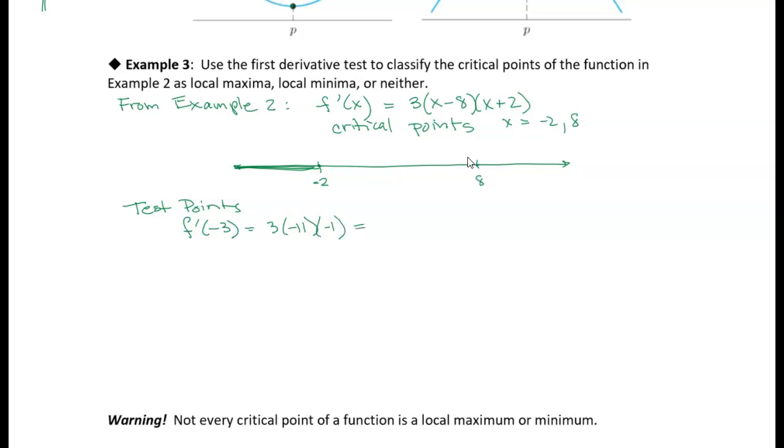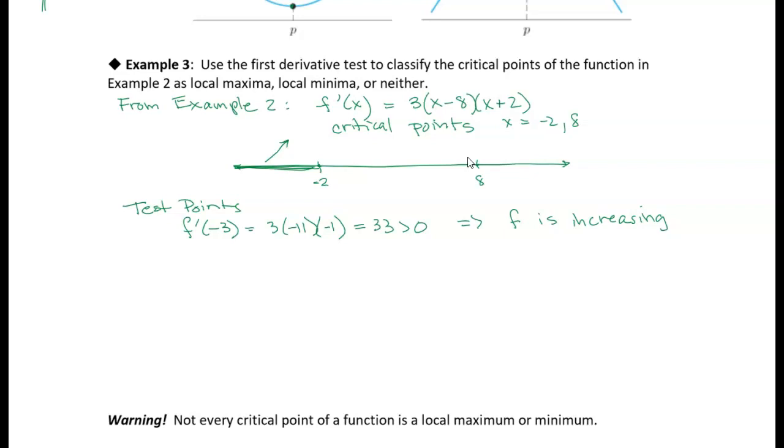So I get a positive 33. Okay, that's greater than 0. So what that's telling me is that to the left of negative 2, I have a positive slope. So f is increasing, right? Because the slope is positive. So I'm going to indicate that with a little up arrow. Okay, so I have an increasing function to the left of negative 2.